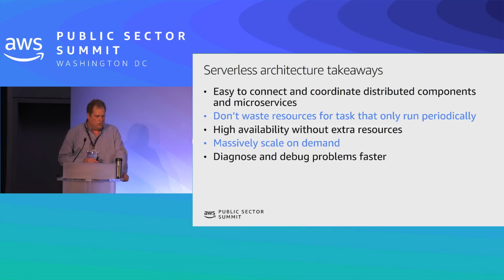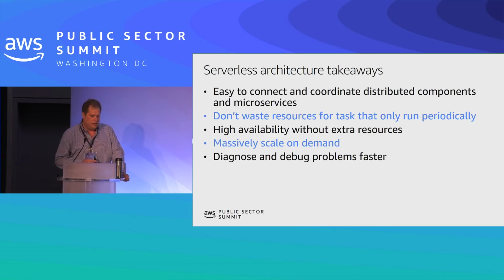In the end, I want to leave you with a couple of takeaways. It's very easy to coordinate and distribute these components in serverless and create actual microservices. You don't waste resources by having servers that are running all the time. It's highly available, and you don't have to have extra resources to have that happen.